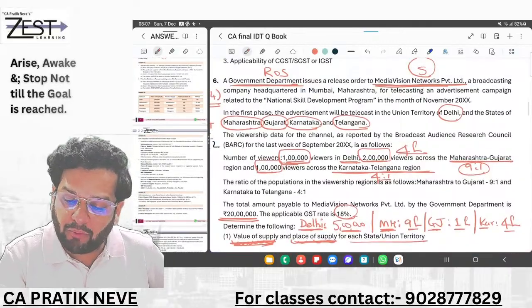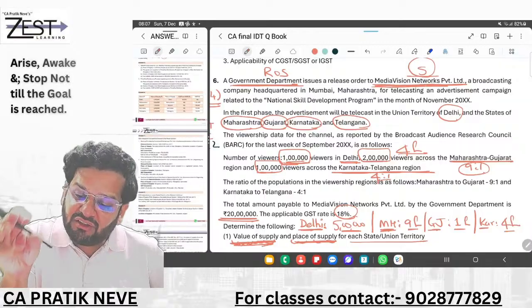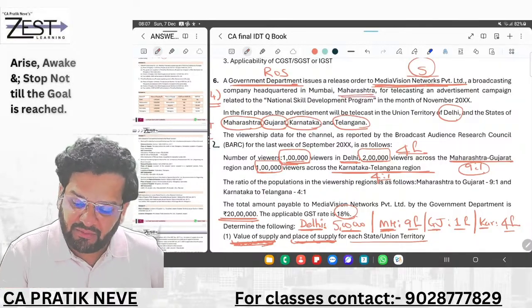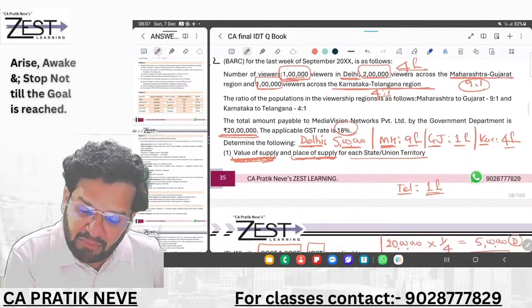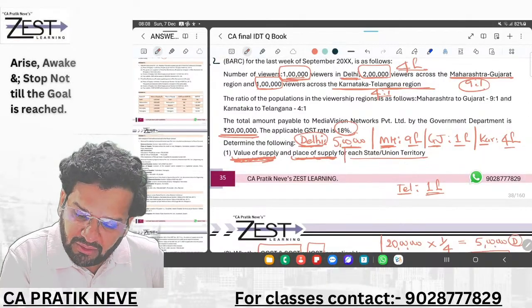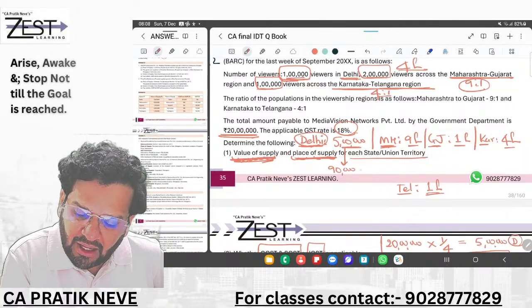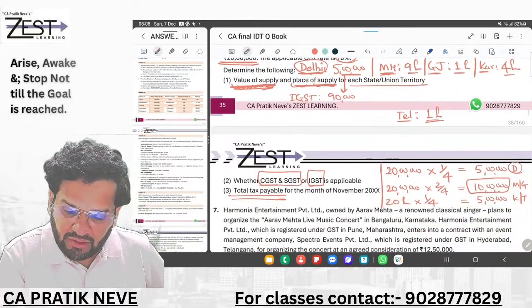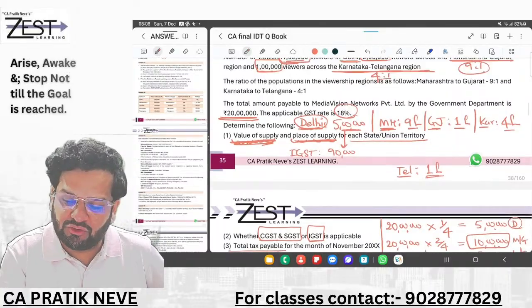So if you observe, supplier, that is Media Vision Networks Private Limited, is in Maharashtra. Supplier is in Maharashtra. Place of supply Delhi, so interstate supply. On this, you will be having IGST, and that IGST at 18% will be how much? 90,000.